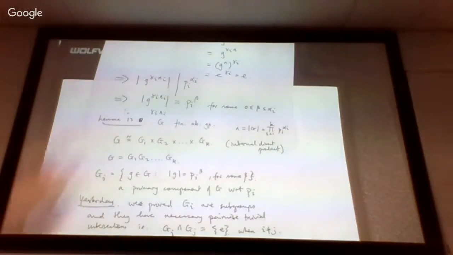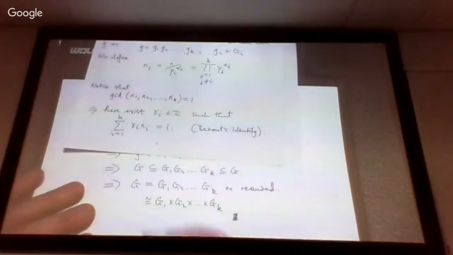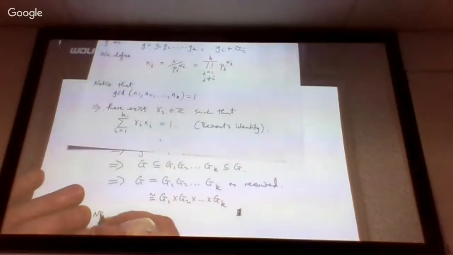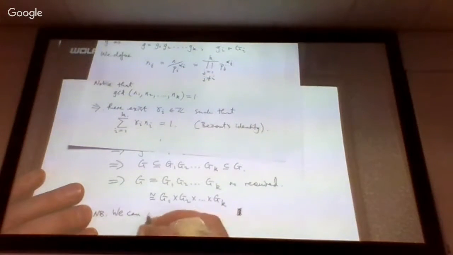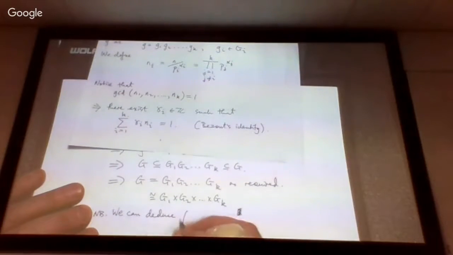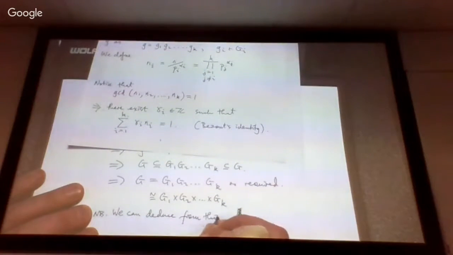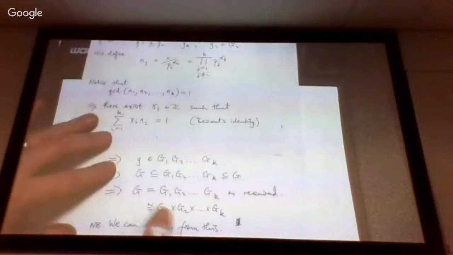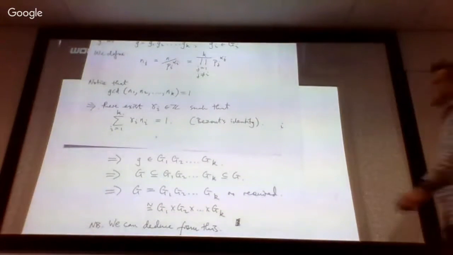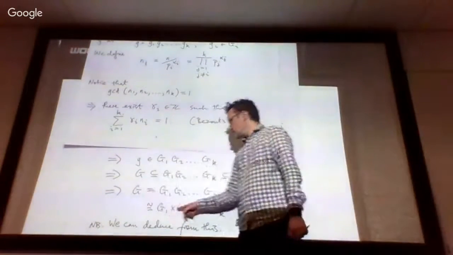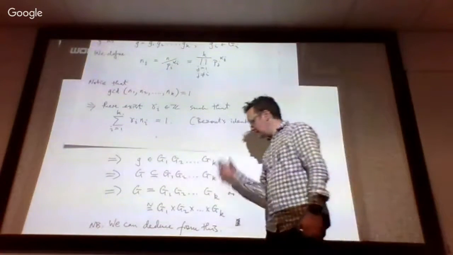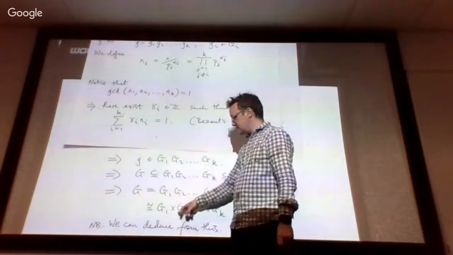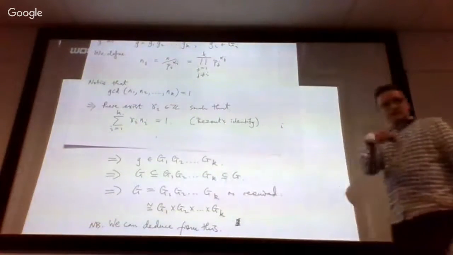And as a consequence of that theorem, we can deduce from this: how big is G? If G is a direct product of these, the size of G is the product of the individual sizes. We already know from a lemma that the size of any of these p-groups is some power of the particular prime.